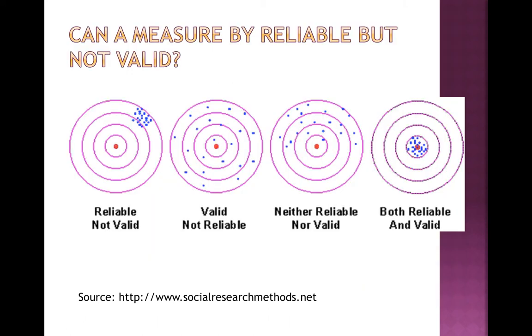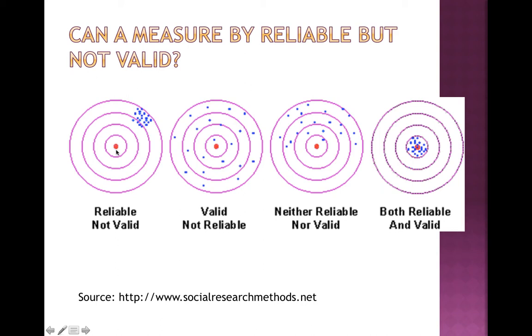Here I think is an awesome example of how to understand the difference between reliability and validity. Imagine this target here is what you're trying to measure, and all these little blue spots are the measurement points. Let's say we're measuring depression, and this red dot is exactly the perfect measure of depression.